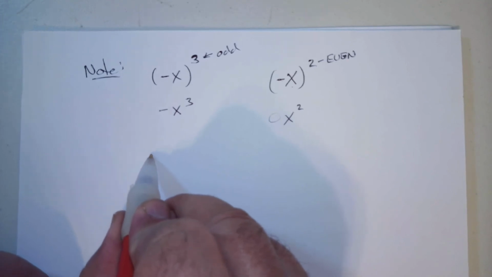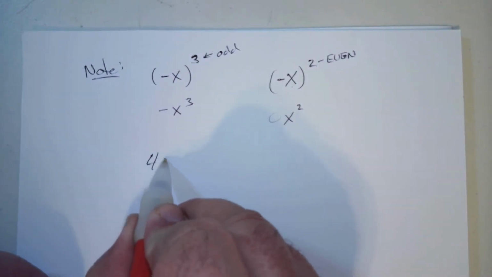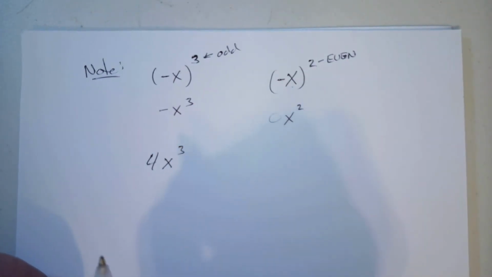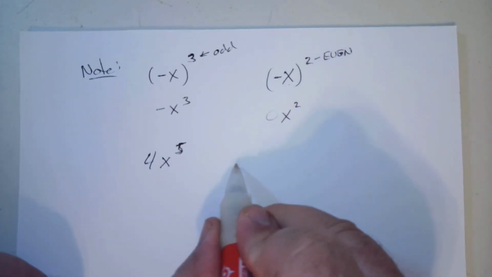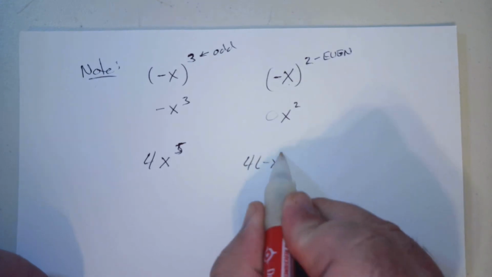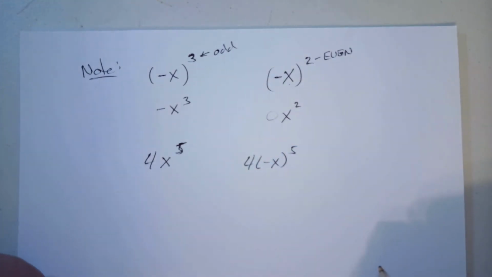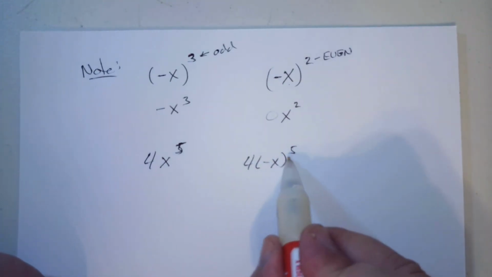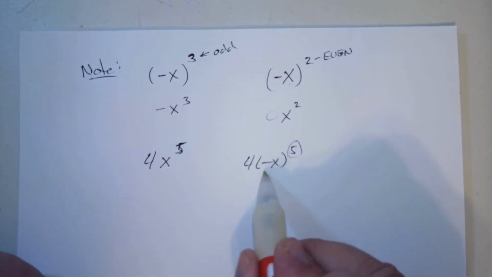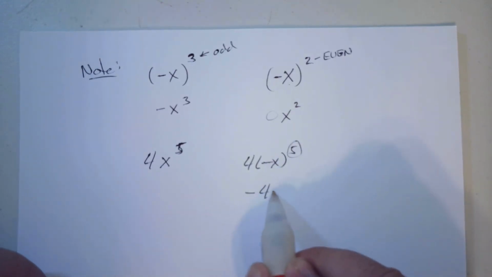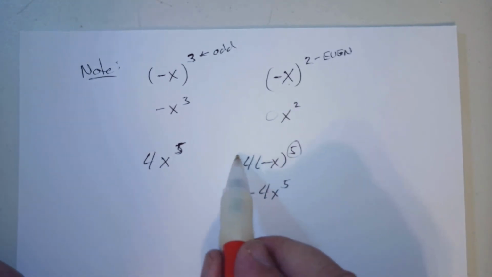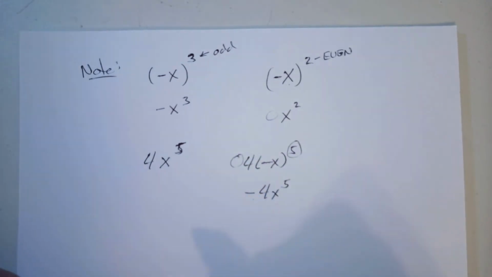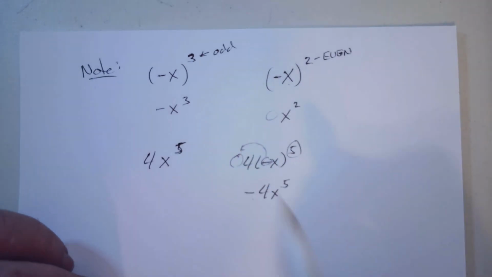So if I had 4x cubed, or x to the 5th, and I did 4 negative x to the 5th. Since this is an odd power, that's negative. That means the sign in front changes. So this negative comes out there because it's odd.